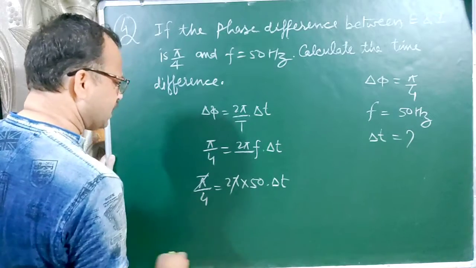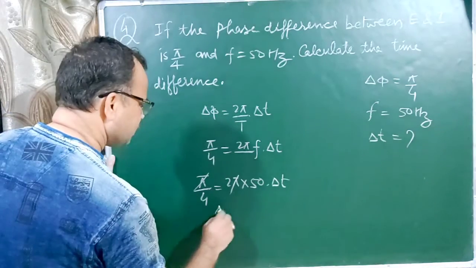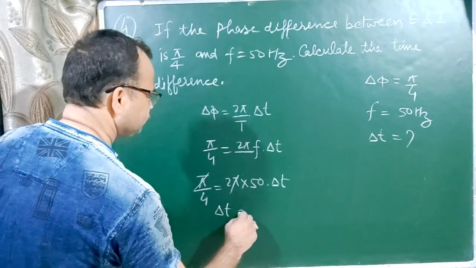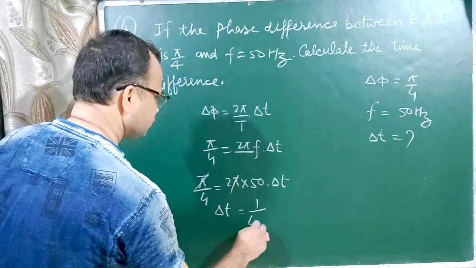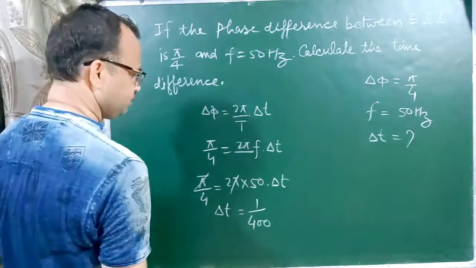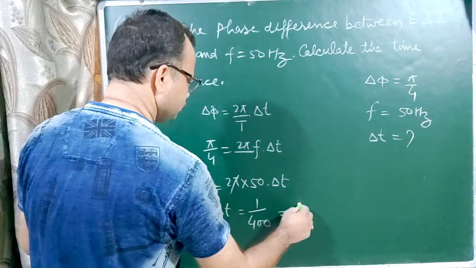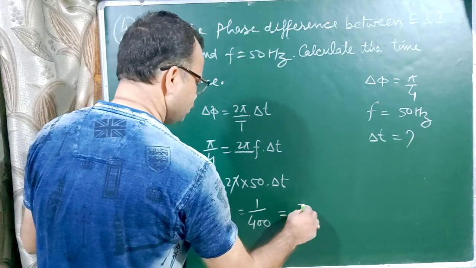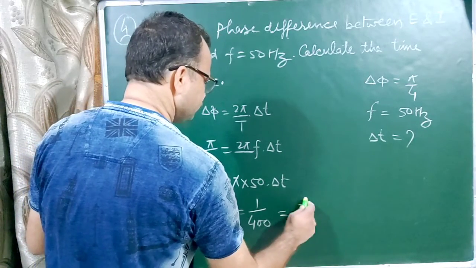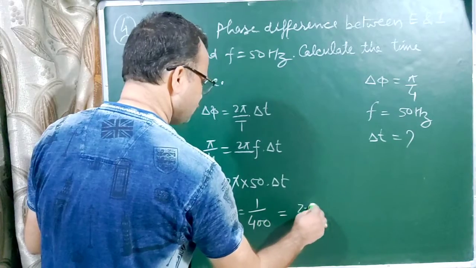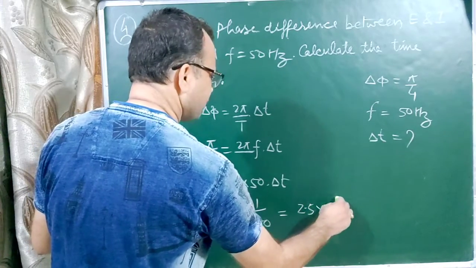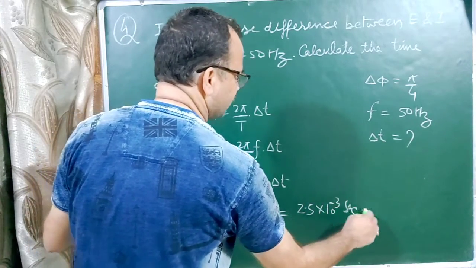Pi and pi cancel. So delta t equal to 1 upon 400, or 2.5 into 10 raised to power minus 3 second.